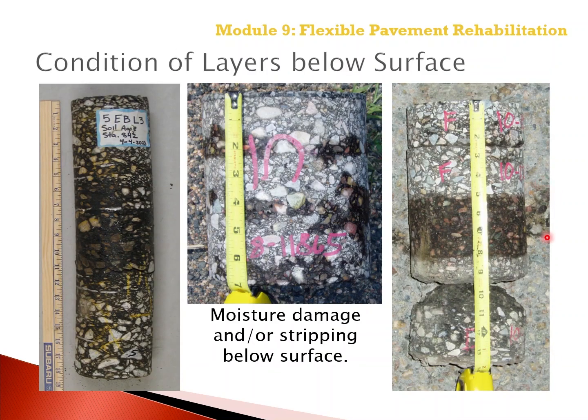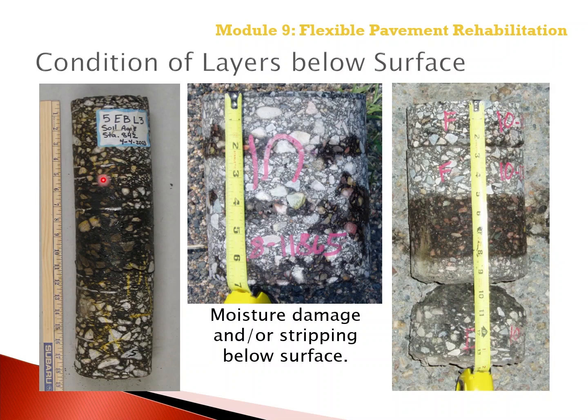Another example is moisture damage or stripping may not always be visible at the surface or even from cores. However, deflection test and back calculation of layer moduli can detect reduced asphalt dynamic modulus as a result of damage and or stripping below the surface.